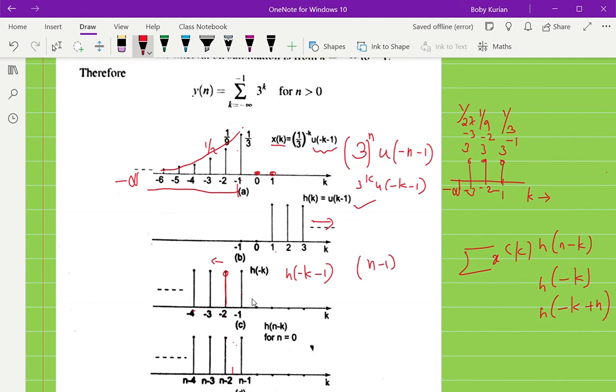That means from minus infinity, this signal will be up to n minus 1. So if the value of n is negative, it is from minus infinity to n minus 1. And if the value of n is positive, it shifts to the right.